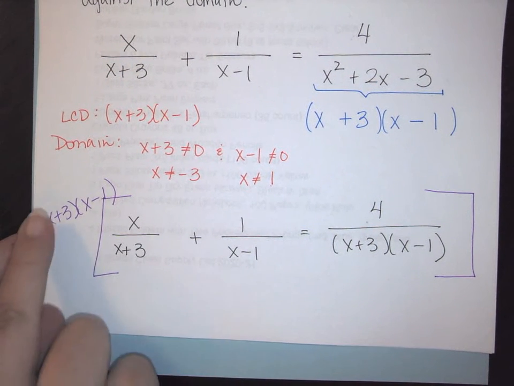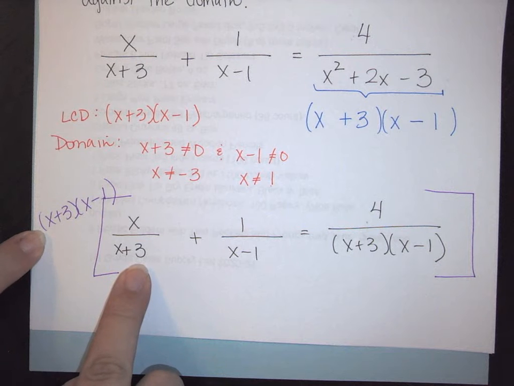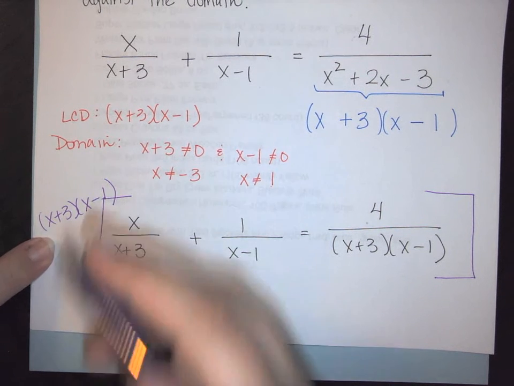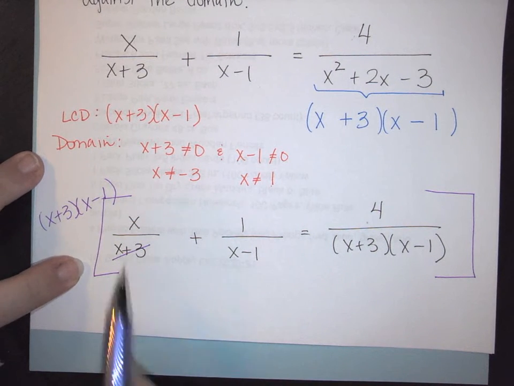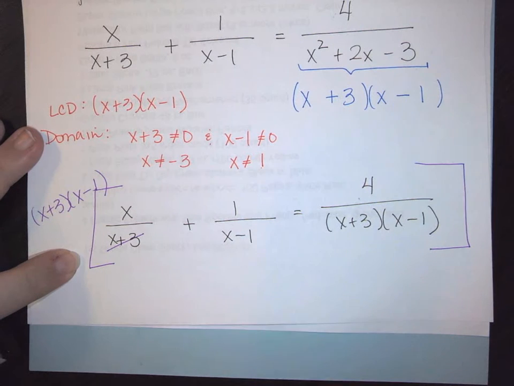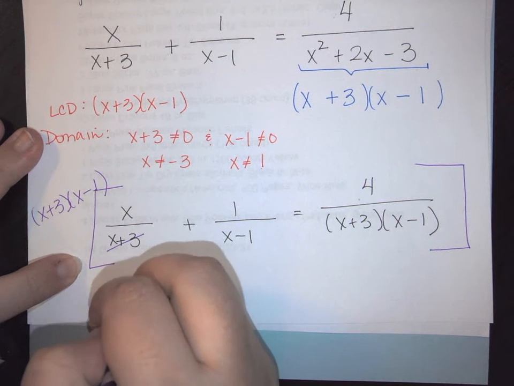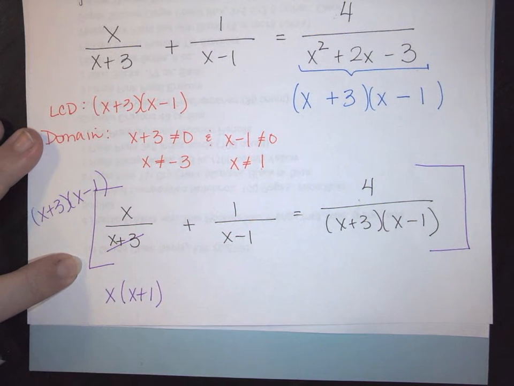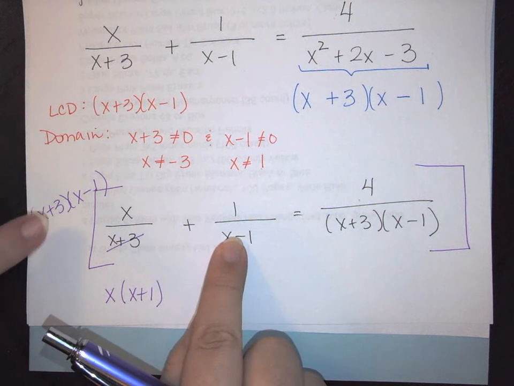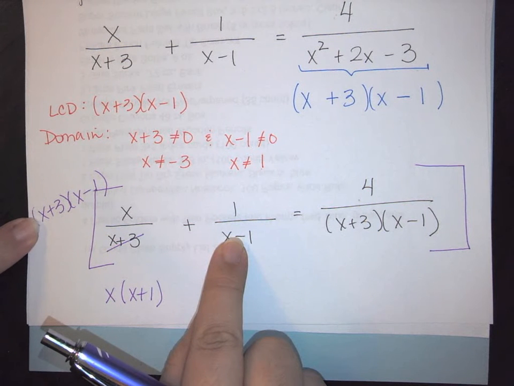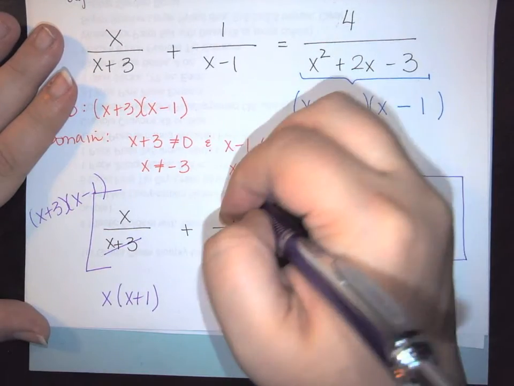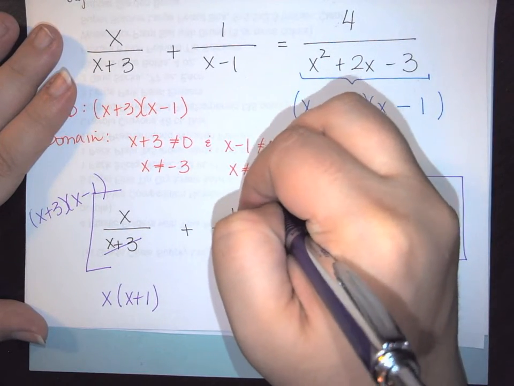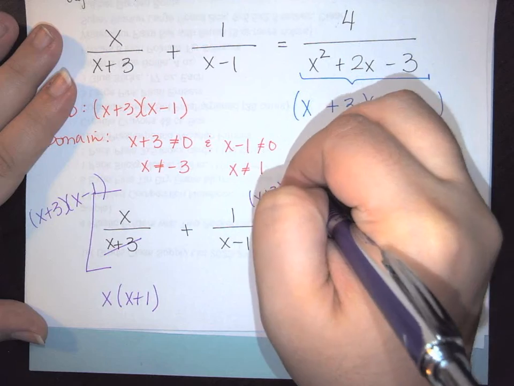Alright, so if we look at this first fraction, we multiply by my LCD, and what happens is the x plus 3 goes away, and it's going to leave behind x times the x minus 1. Now let's look at the second one. Again, I'm going to multiply by this least common denominator. So again, this whole thing is times x plus 3 times x minus 1.